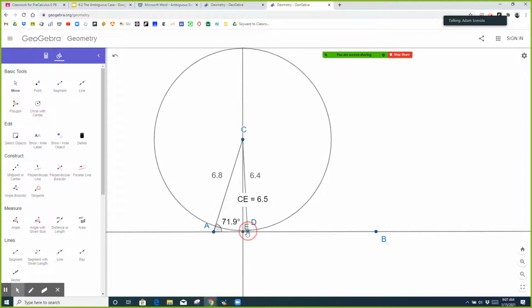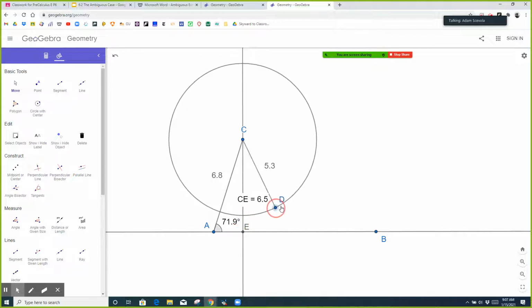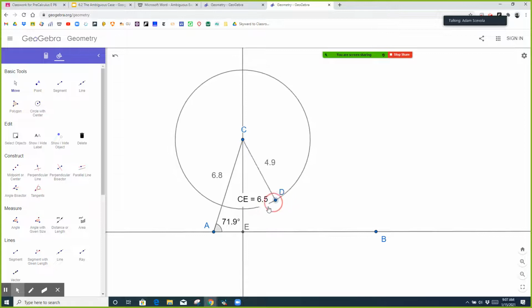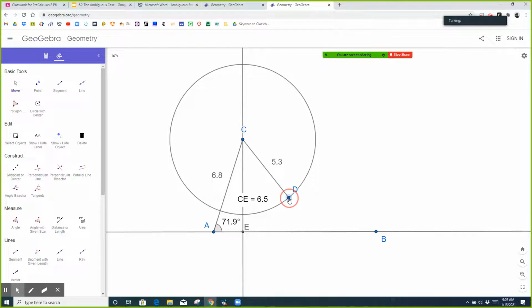And when it's equal to 6.5, there's only one triangle that could be created. And when it's less than 6.5, again, this circle represents, if I were to swing this around, if this opposite side is less than the height, then you cannot make a triangle. So there would be no triangles in that case too. All right. And those are the different cases of the ambiguous case.